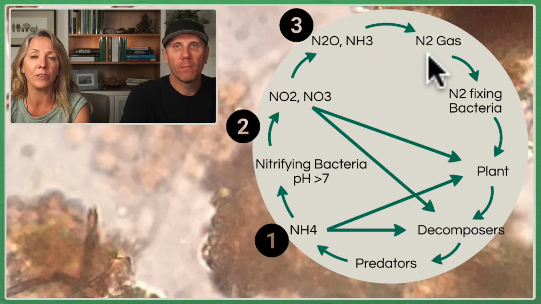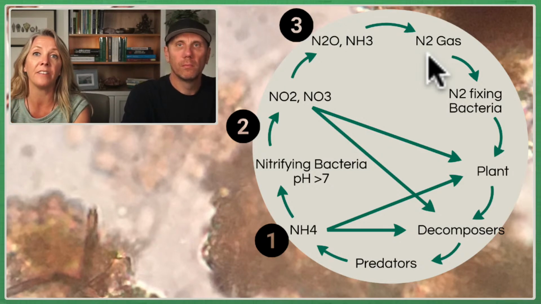These nitrogen-fixing bacteria that have made this association with the roots are able to produce this enzyme when they get to a certain mass, because they've made this relationship with the roots. They're getting fed by the roots, so they're able to grow to a certain colony size. Now they can start reproducing this enzyme because they've met the conditions to do so. They make the enzyme, break that nitrogen bond, and start consuming that nitrogen.